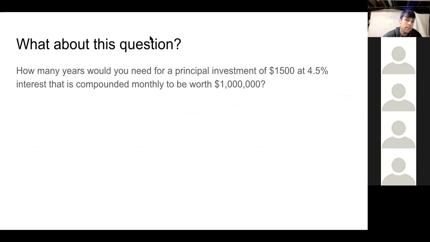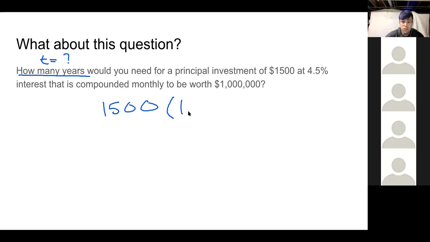What about a question like this? So this kind of gets to a more interesting idea. So we said, how many years? So in this case, we do not know the time. We do not know how long the investment is going to be, but we know everything else. We know the principal investment is $1,500.